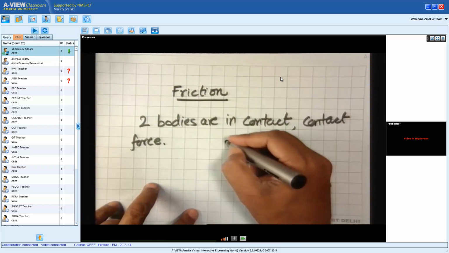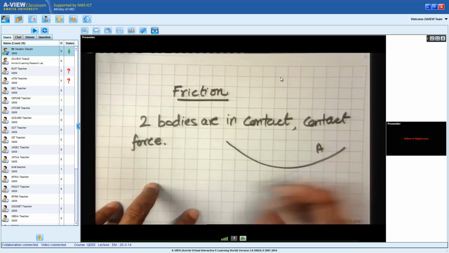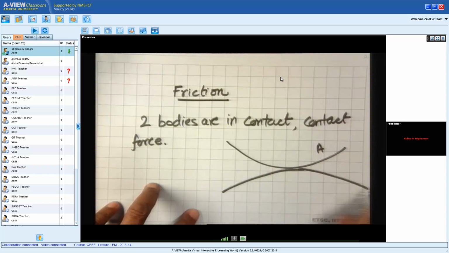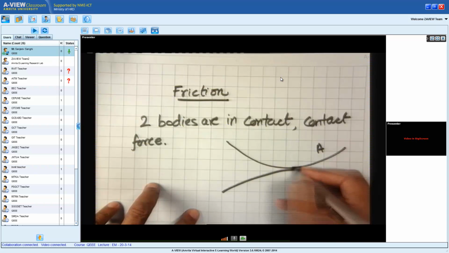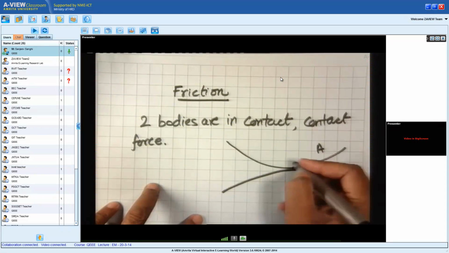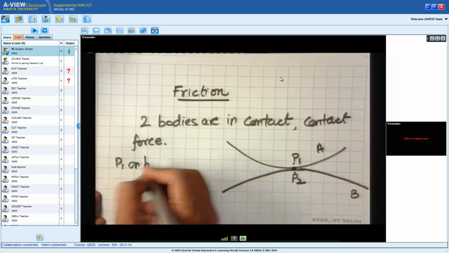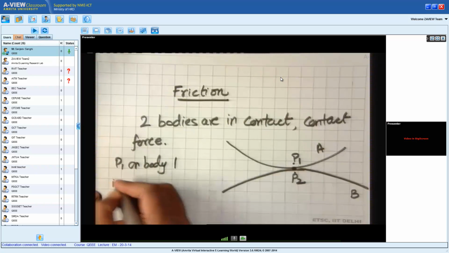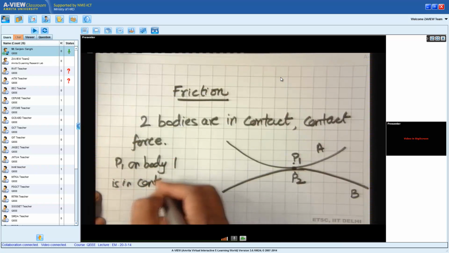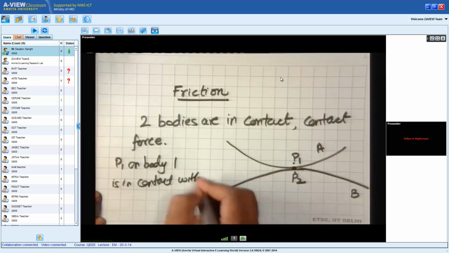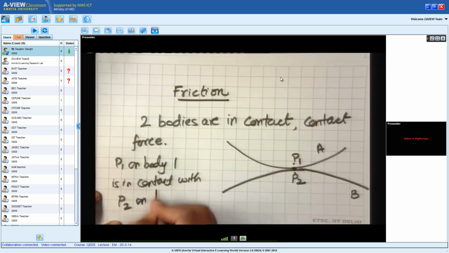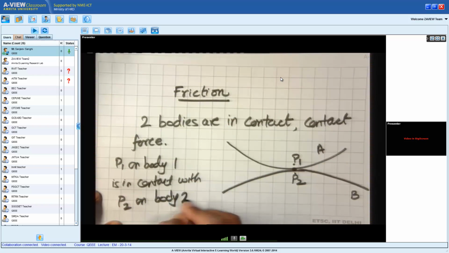So let's say there's a body A and a body B, which are touching at a point. There's a point P1 on body 1, which is in contact with P2 on body 2.